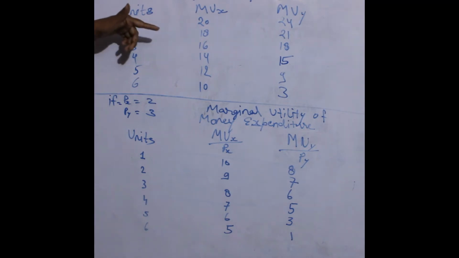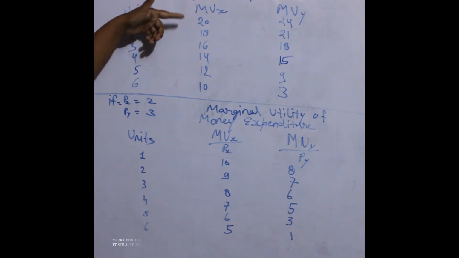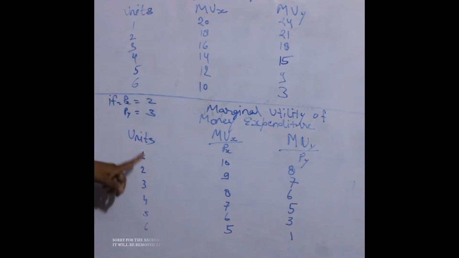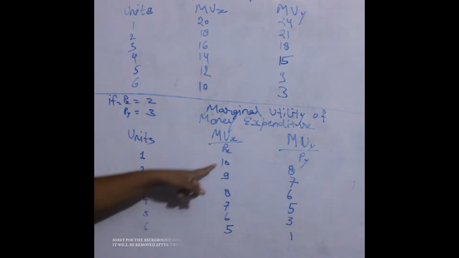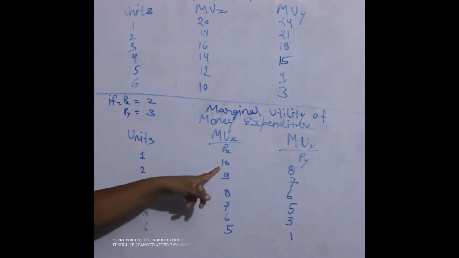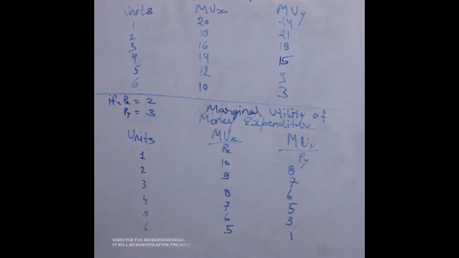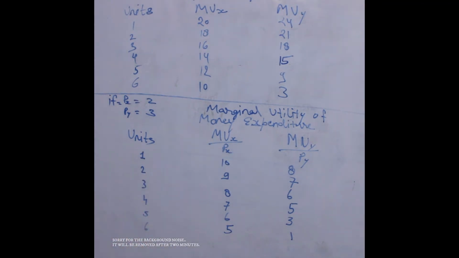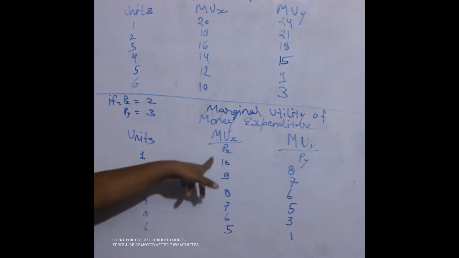Now we will divide the marginal utility of each unit with the price of that particular commodity, and we have already seen the formula for the marginal utility of the last rupee spent on a commodity. What we have to do is divide marginal utility of X or marginal utility of Y with the price of the respective commodity. So here is how we have got this.